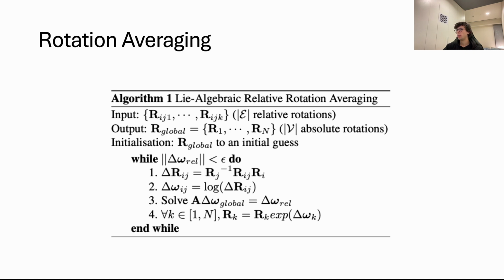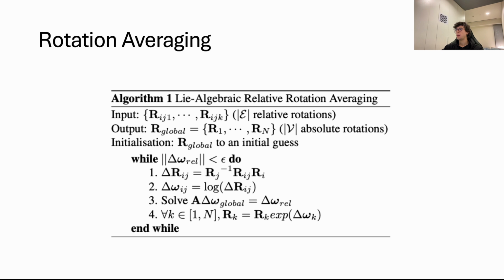First of all, they compute the residual, or the error, from the relative rotation to the randomly initialized rotation. And so they have some residual there, some delta. And then they map this rotation to the corresponding rotation in the Lie algebra.